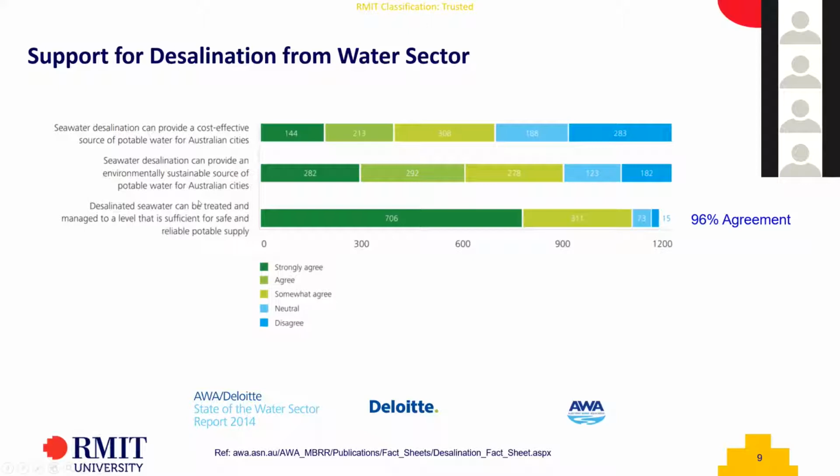However, if you look at the views about the cost effectiveness and also the sustainability aspects of seawater desalination, they are mixed responses. So this highlighted some issues and challenges to seawater desalination in Australia and also around the world.